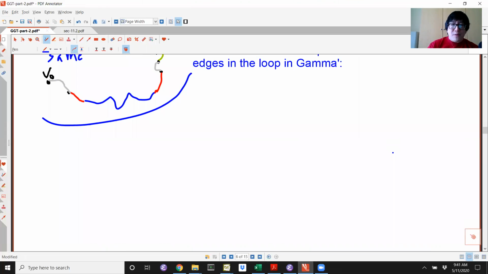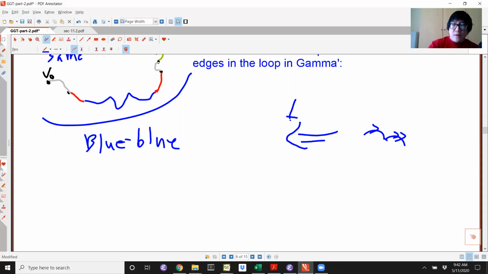So what are the possible consecutive edges? Well, we could have blue, blue in gamma prime. So in gamma prime, that means we have this, and there are two different labels. And where does that come from? Well, that has to come from a blue, because the blue edges are completely unaffected by T. That has to come from some sort of isomorphic copy back in gamma.